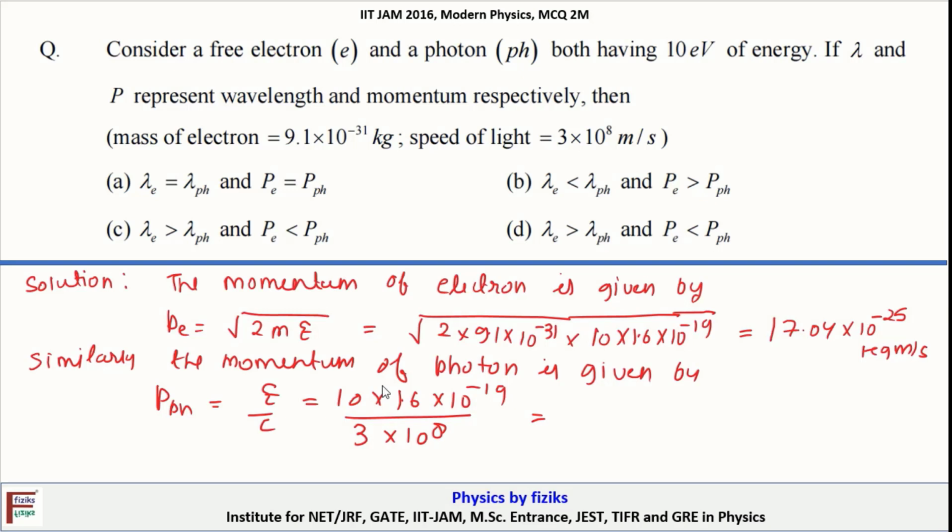That is 16 by 3 into 10 to the power minus 27, which is 5.3 into 10 to the power minus 27 kilogram meter per second. Thus, P of E is greater than P of PH.